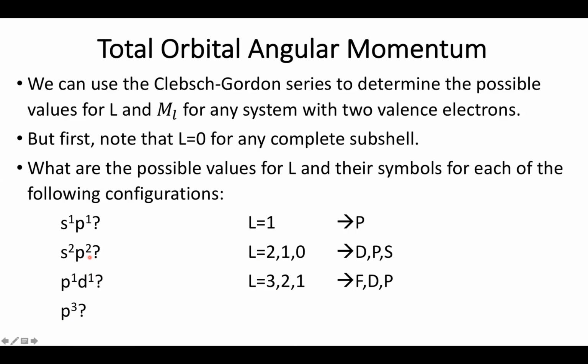But that third electron will only have an m sub l value of 0 available, which means that my maximum value for my total orbital angular momentum will still be 2, with values of 1 and 0 still possible. And this means that we will have symbols again of D, P, and S with total quantum numbers ranging anywhere from 2 to -2.